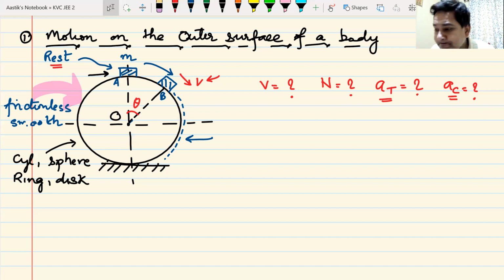Anyone, any idea? No idea is right, no idea is wrong. It depends on which idea is applicable where. Anyone can tell me how we are going to solve this question?